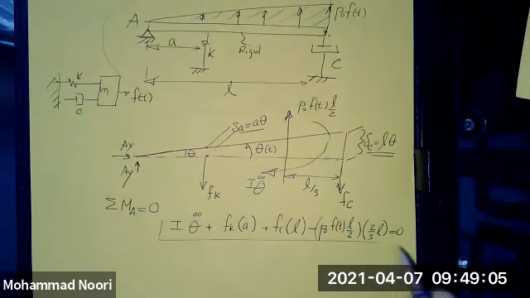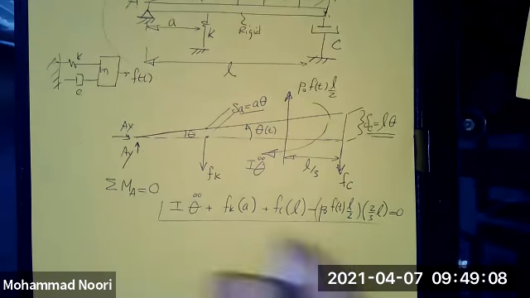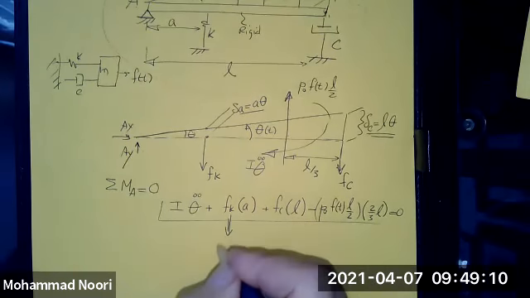So this is the equilibrium equation, right? Let's simplify that. F of K is K.